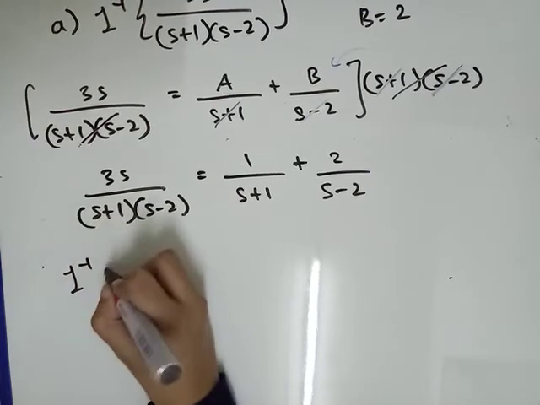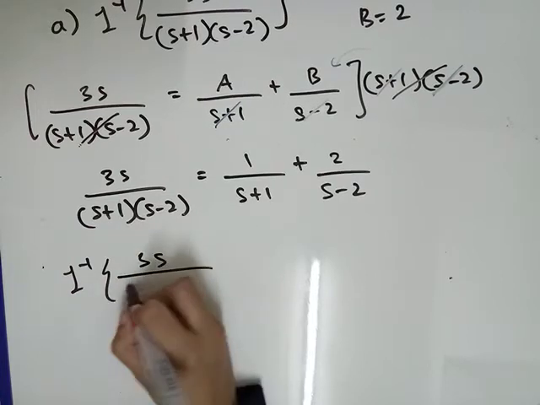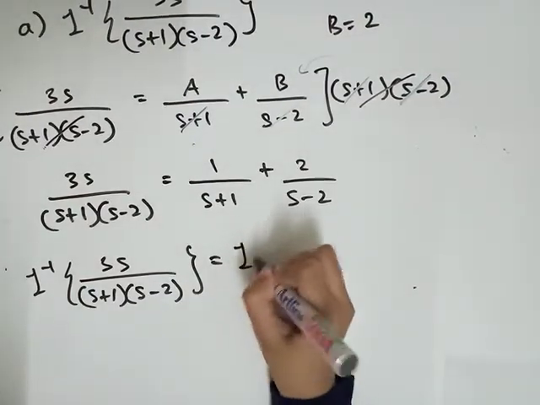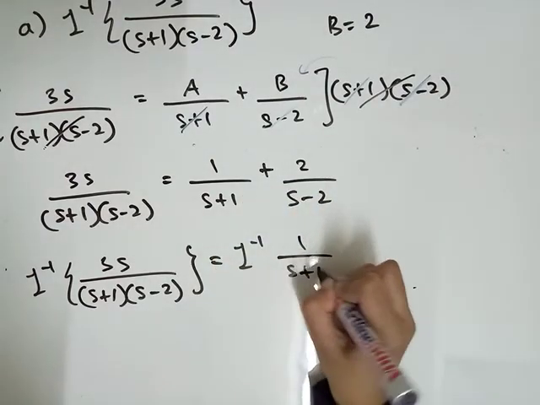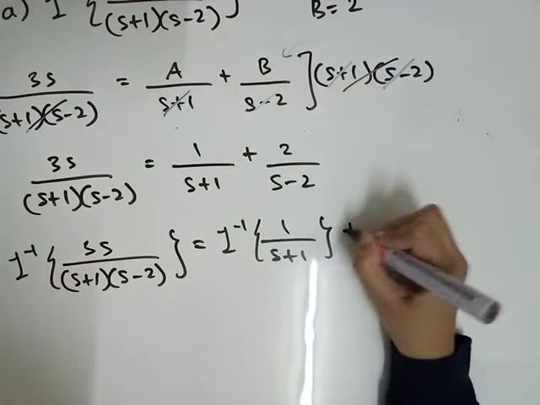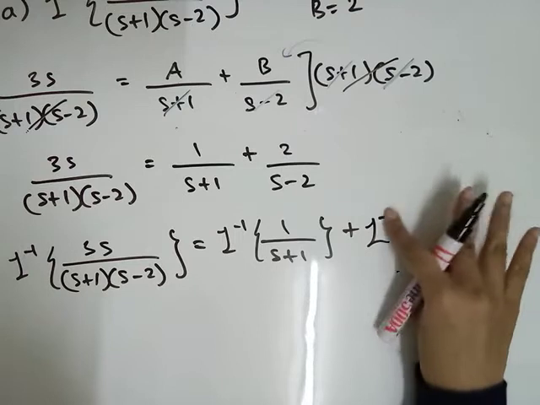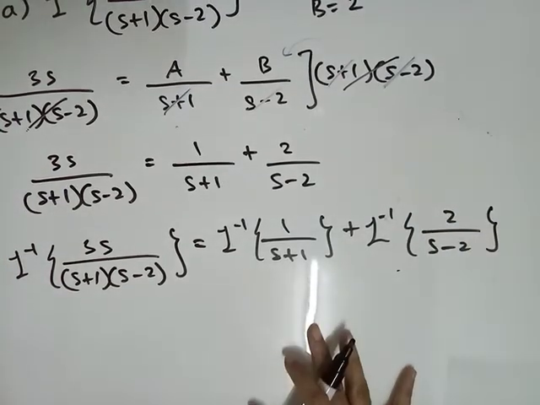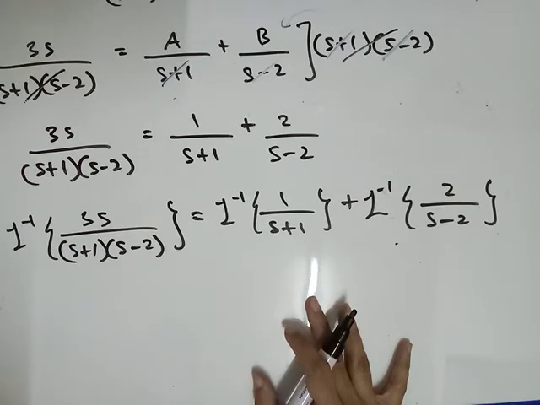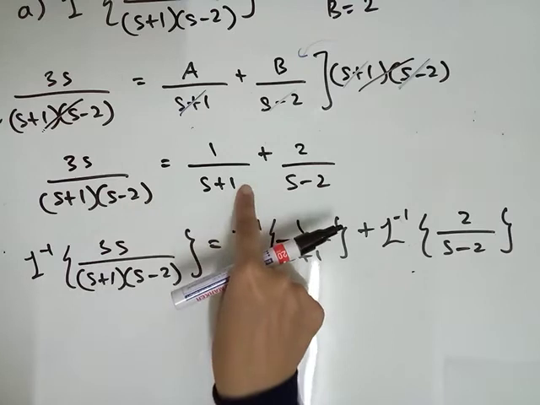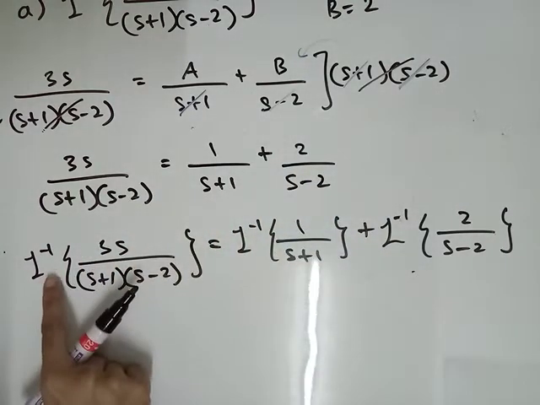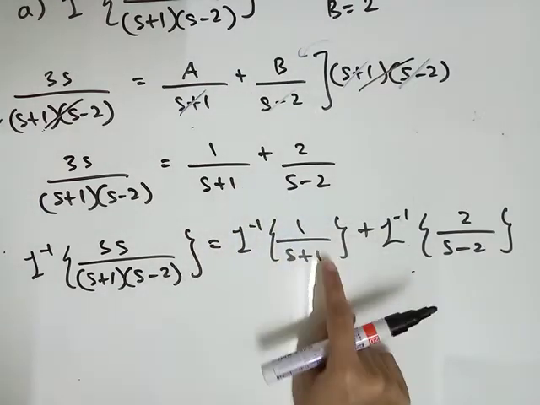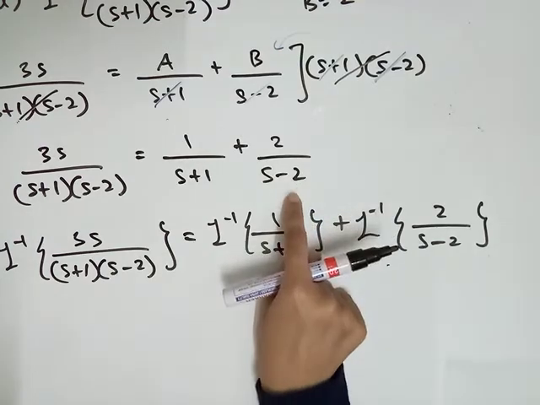Thus the inverse Laplace of 3s over (s plus 1)(s minus 2) equals the inverse Laplace of 1 over s plus 1 plus the inverse Laplace of 2 over s minus 2.